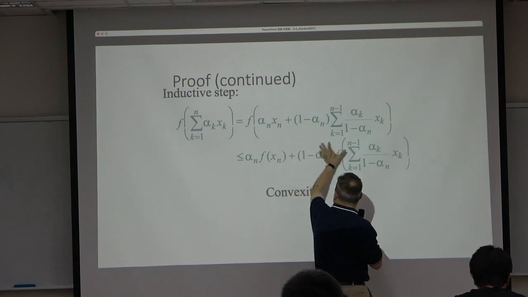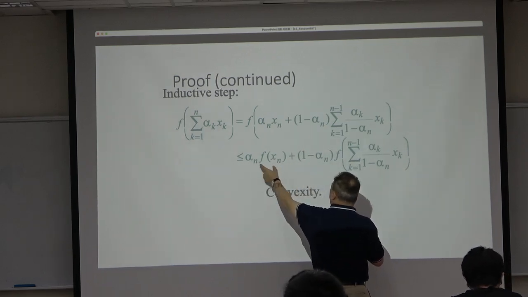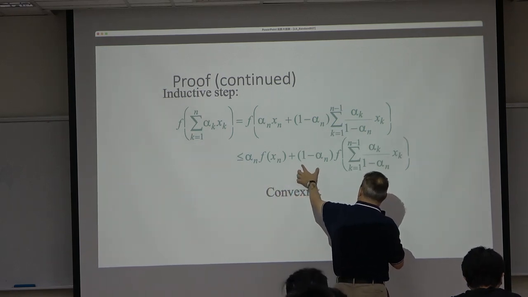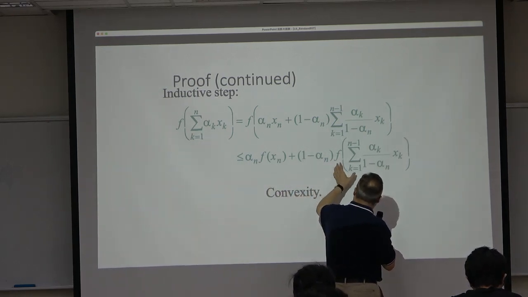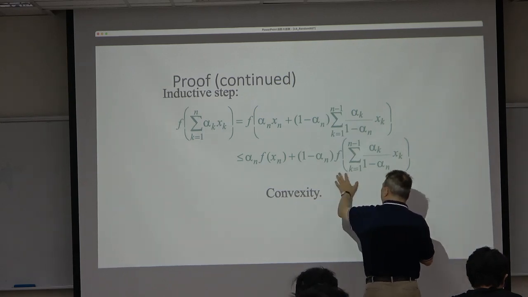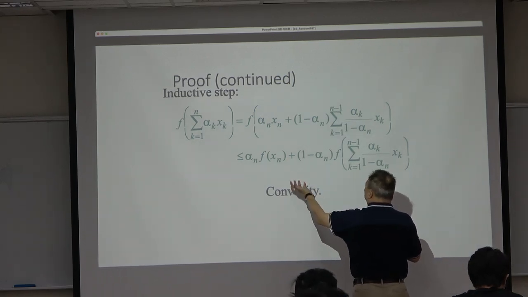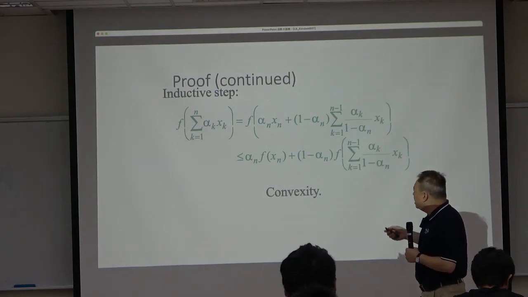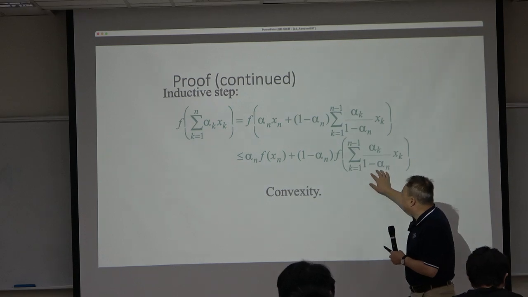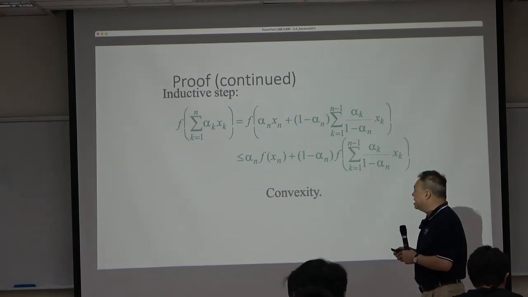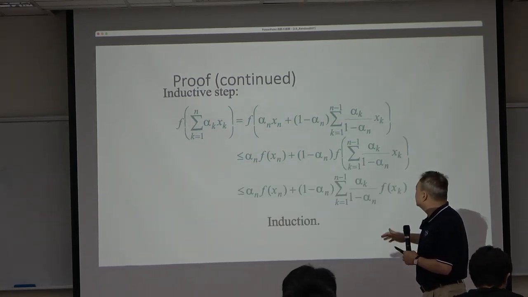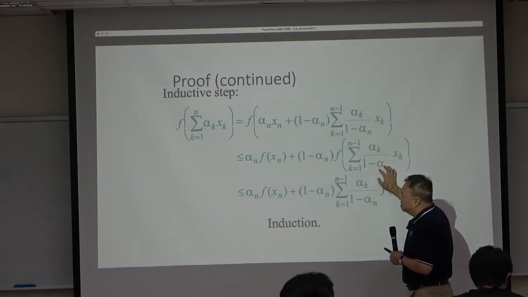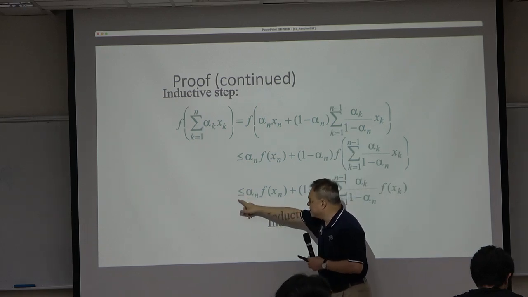So for two terms, this is smaller or equal to alpha n f(xn) plus 1 minus alpha n times f of this one, because this function is known to be convex. Then we apply the induction hypothesis to here, and the inequality still holds.